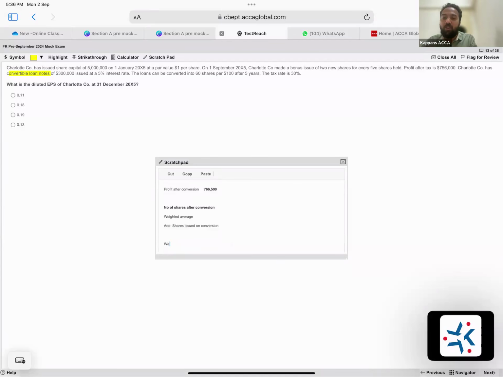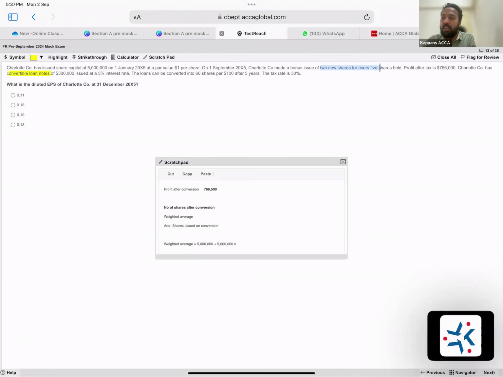So how do you calculate weighted average in case of a bonus issue? That is very simple. We start with the opening, and bonus issue is always assumed to be done in the beginning of the year. You can either use the bonus factor or simply start with the opening number of shares, which is given 5 million plus bonus issue. How much is the bonus issue? 2 new shares for every 5.